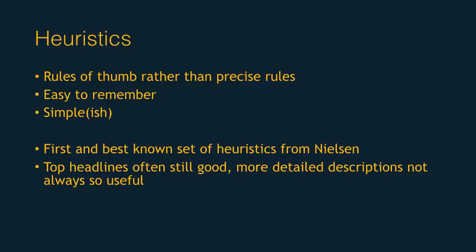So Nielsen and Mollick came up with a set of heuristics. Now, they came up with these heuristics in about 1990, based on a lot of work they'd done in evaluating systems through the 80s. And one of the problems is that systems are very different, very much more complicated and sophisticated than the ones they were looking at.